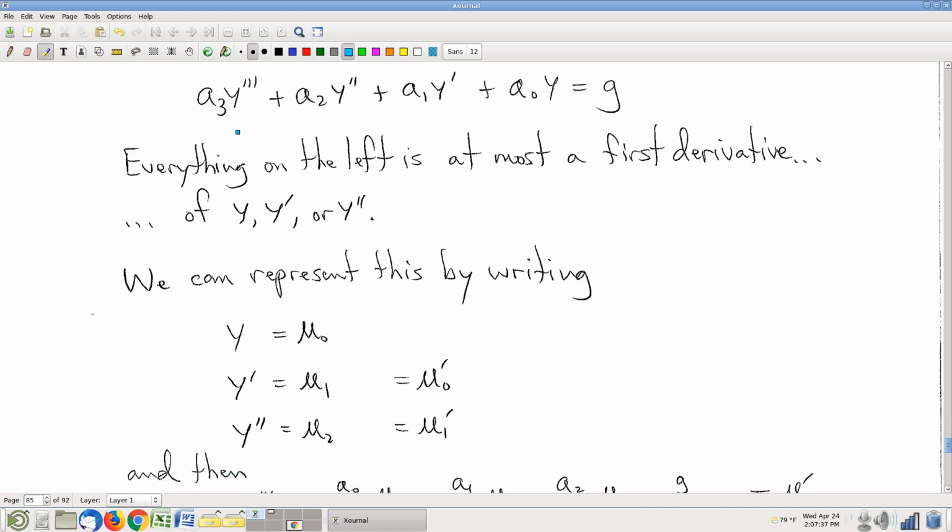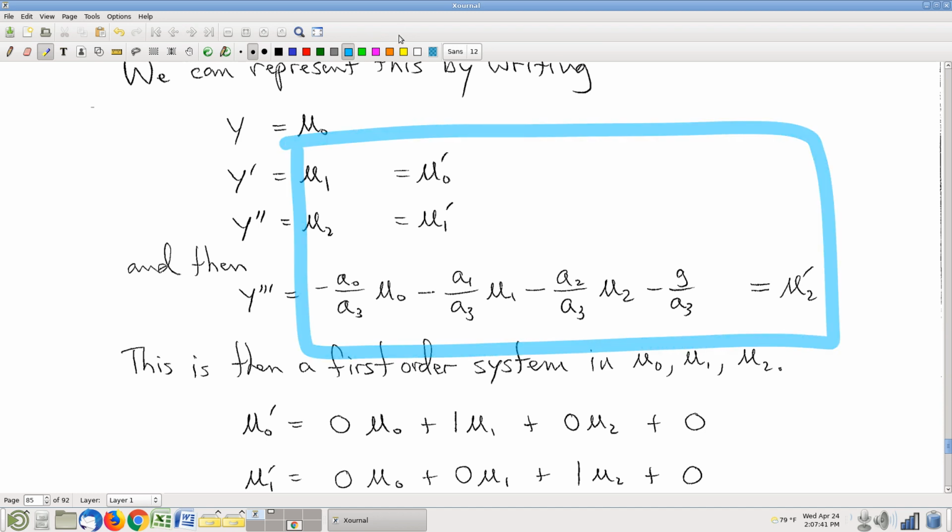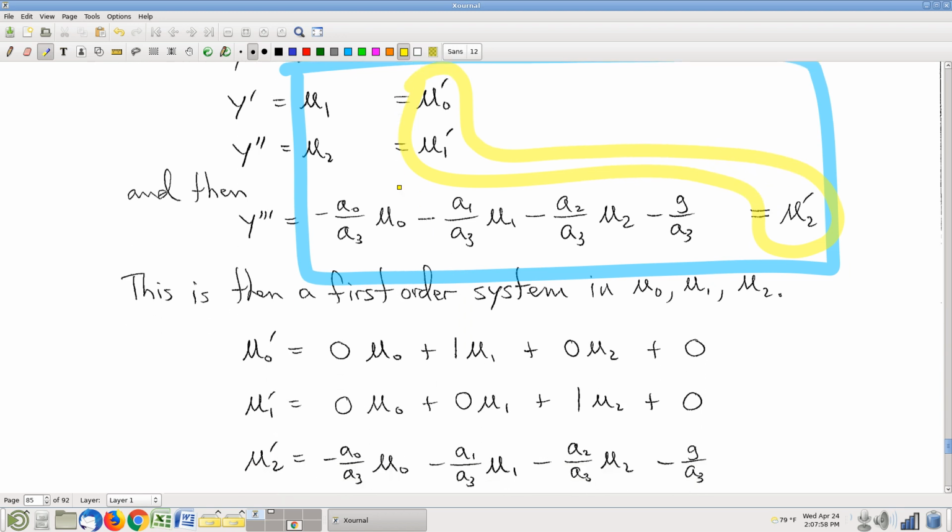Throw it all together, and what you have is formulas for the first derivatives, specifically the first derivatives of U0, U1, and U2, all in terms of U0, U1, and U2. So, in fact, what we have here is a first order system.